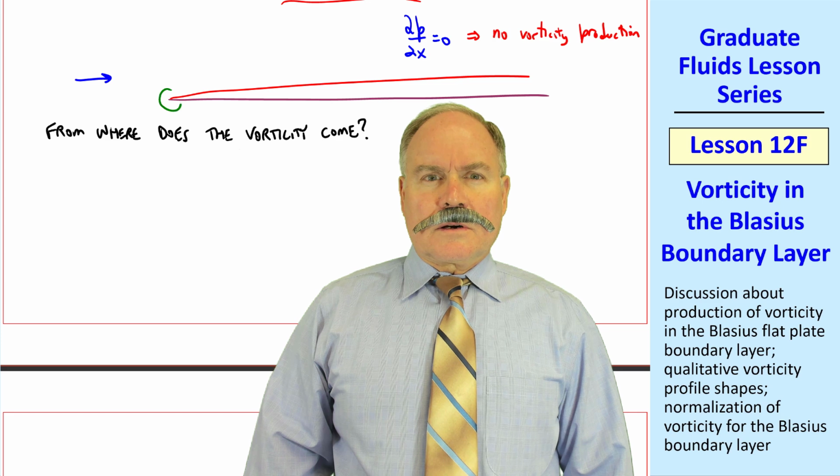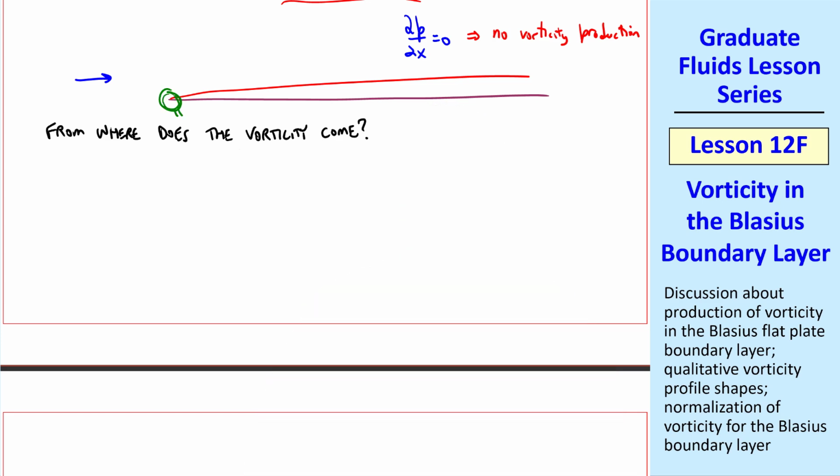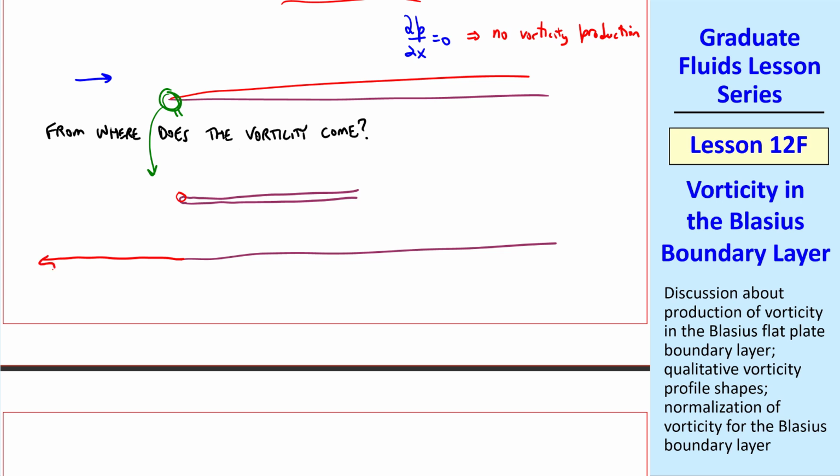It turns out that all the vorticity is produced right at the leading edge. If we magnify this, we can imagine some thickness of the plate and a pressure gradient in this region. But theoretically, for an infinitesimally thin plate, we have a spike of negative vorticity of infinite magnitude and a singularity at the origin.